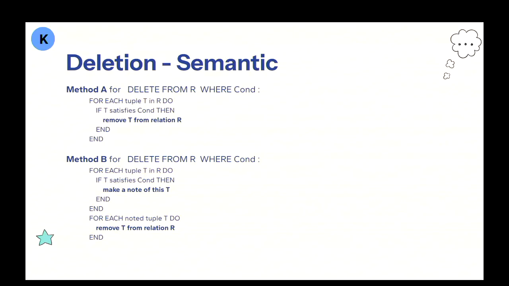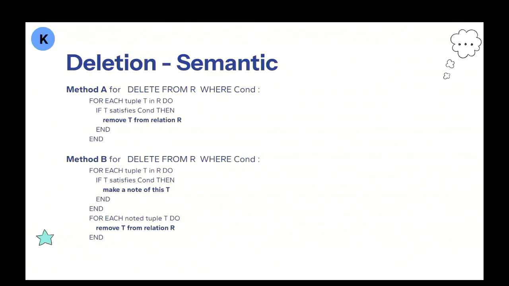There are two types of semantics here. The first one is we just iterate through the entire list of tuples. For every tuple we encounter, we check it against the where condition, and if it is satisfied, we just remove that tuple from the table.